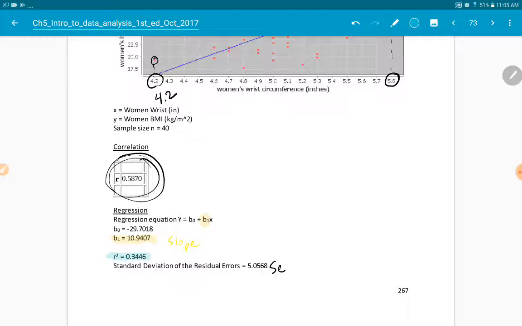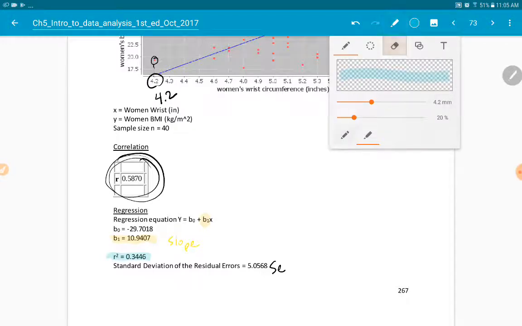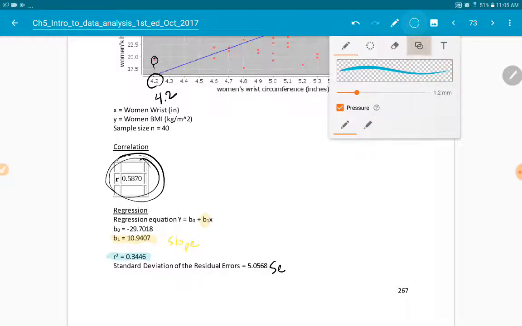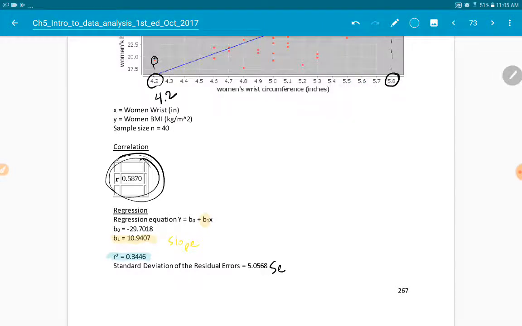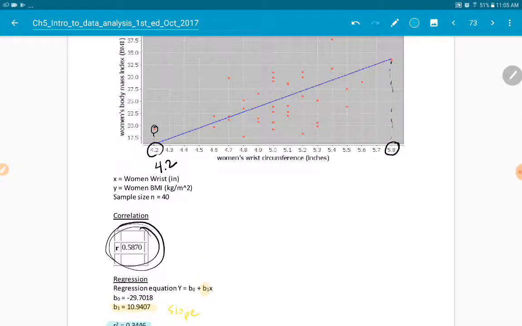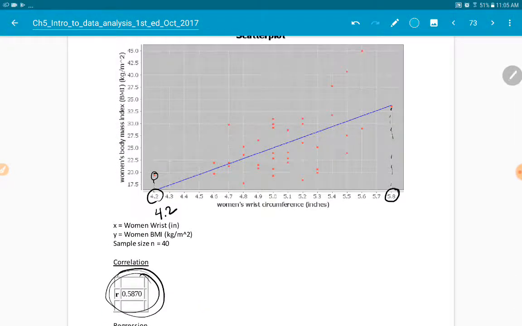R squared is right there, and R squared converted to a percentage gives us 34.46%. And R squared explains the amount of variability in the y variable that is explained by that x.